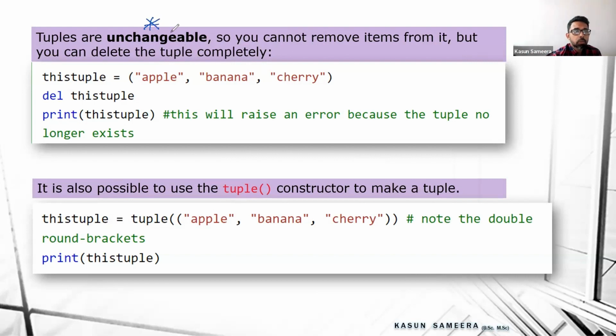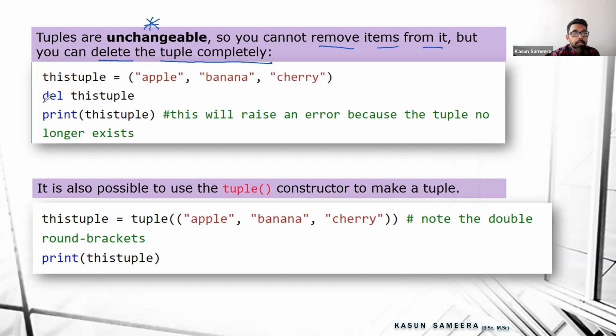Right, let's see. Tuples are unchangeable, you already know. මේවා තමයි මතක තියාගන්න ඕනේ. You need to remember this: tuples are unchangeable, so you cannot remove items from it, but you can delete the tuple completely. unchangeable කිව්වොත් තමයි ඒක ඇතුලේ තියෙන ඒවා change කරන්න බෑ. Right. You can't change the stuff inside, but you can delete the entire tuple, not just one item.